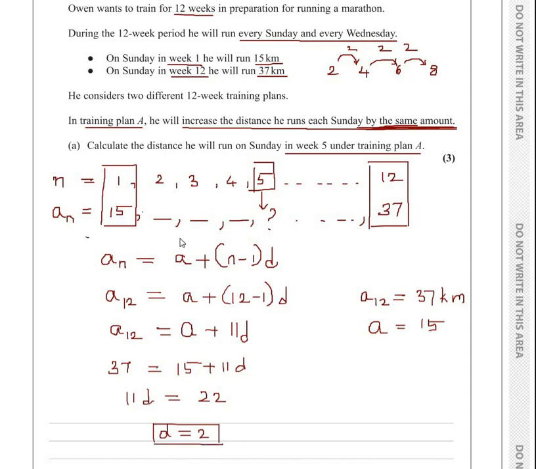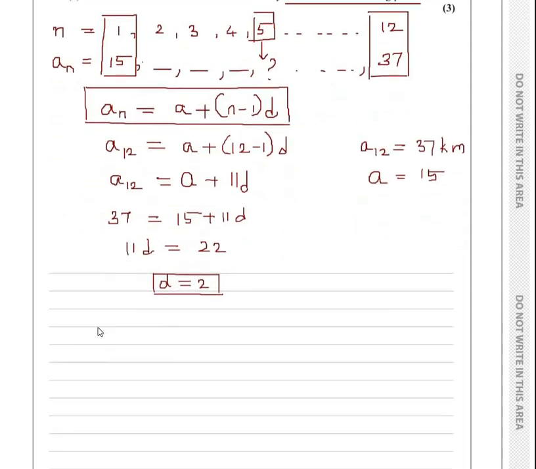Now we can use again the same formula to find out how much he runs in week 5. So we can write it down as a_5 equals a plus (5 minus 1) d. Again the first term in the sequence, we know, is given as 15, plus 5 minus 1 is 4 times d.